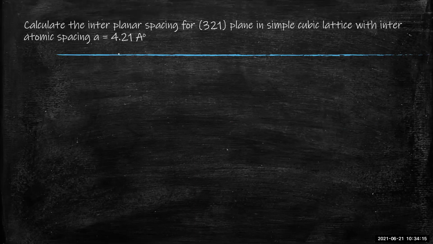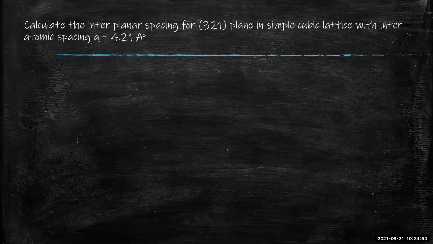In this type of question, you should verify the question, because in some cases they will give you the atomic radius, not the lattice constant A. If it is given the atomic spacing in the simple cubic crystal, it will be the same as the atomic radius, lattice constant, and the atomic spacing.